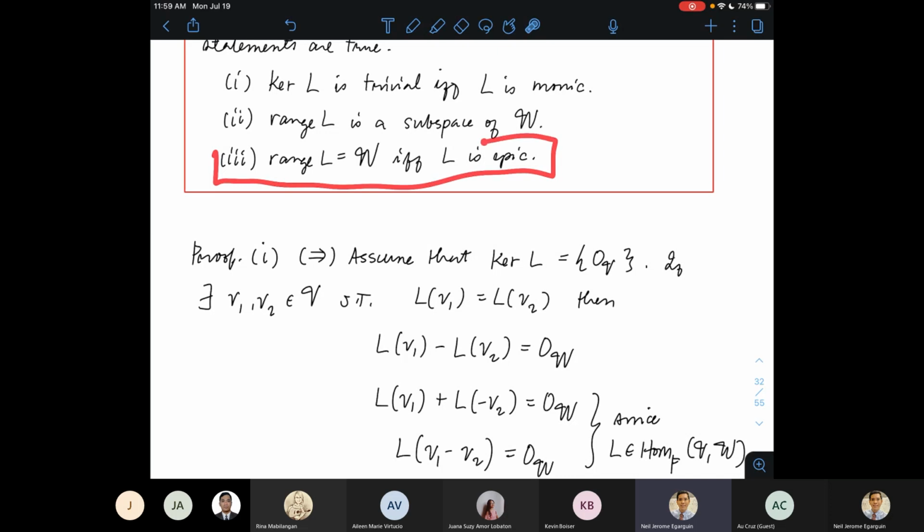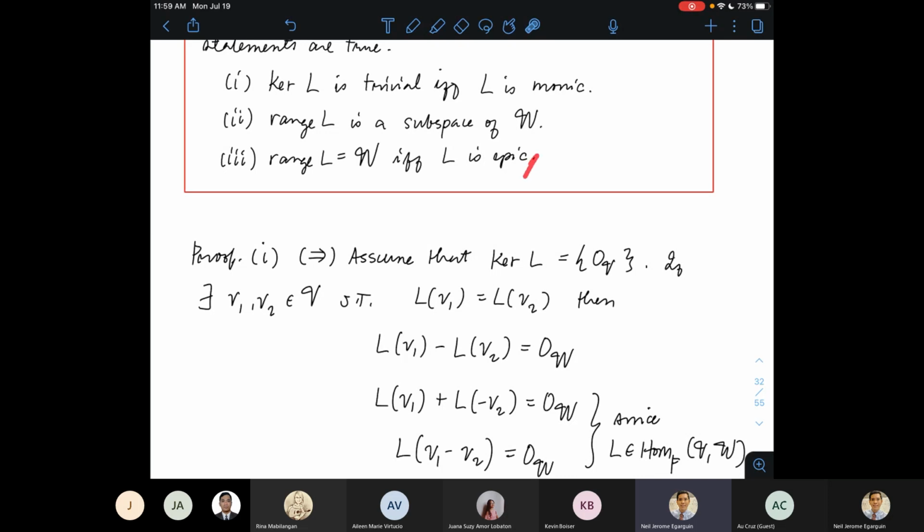And I think I was thinking to delete part 3 from the theorem because it seems that it is merely a restatement of the definition of being epic, right? Kasi di ba yung range ng isang linear transformation is the set of all possible images. So if the range of L is equal to the codomain, then that is the very definition of being epic, right? For any element of the codomain W, we will be able to find an element of the domain whose image under L is equal to that element.